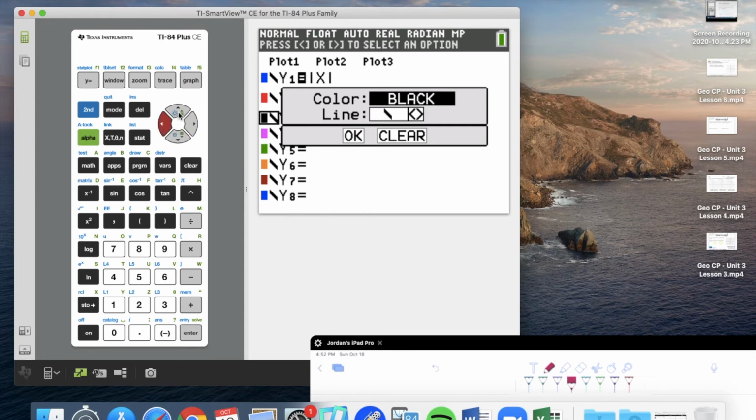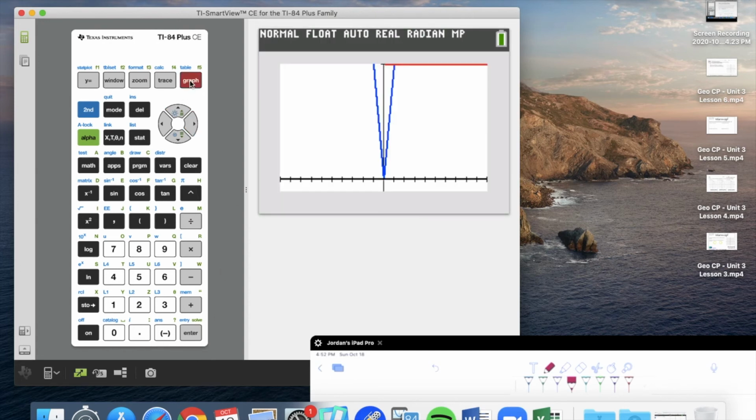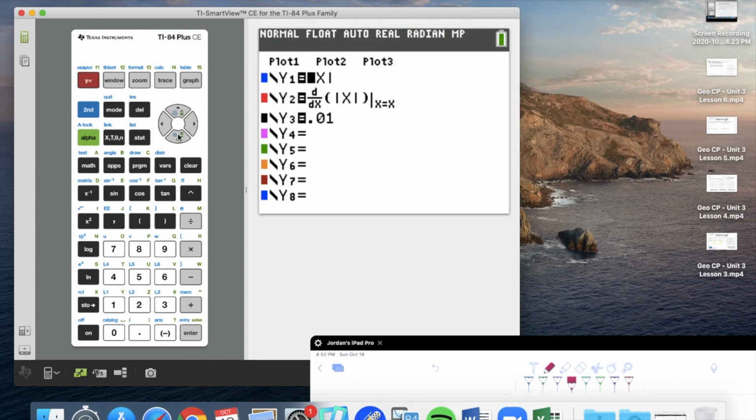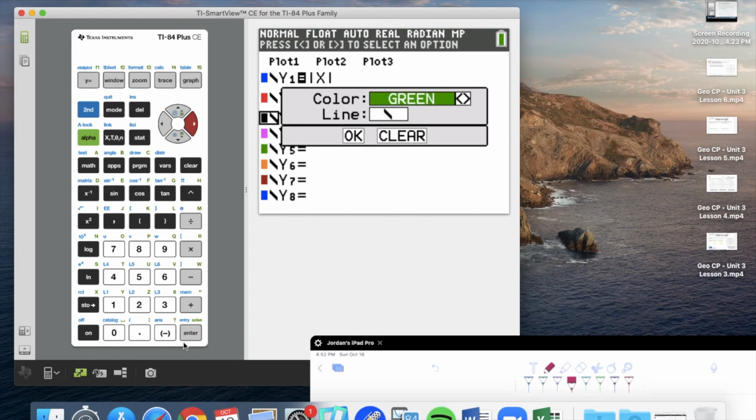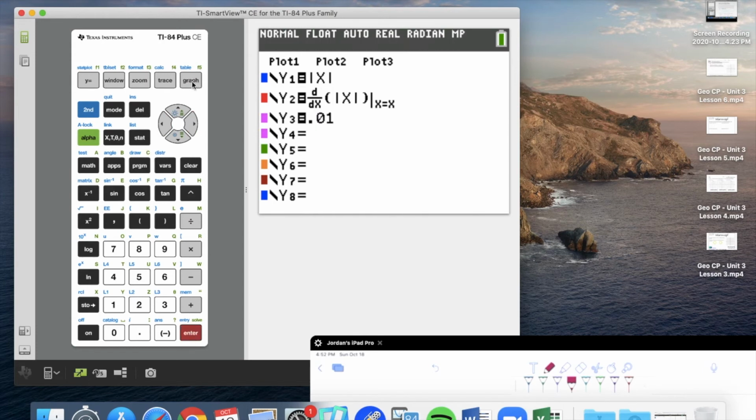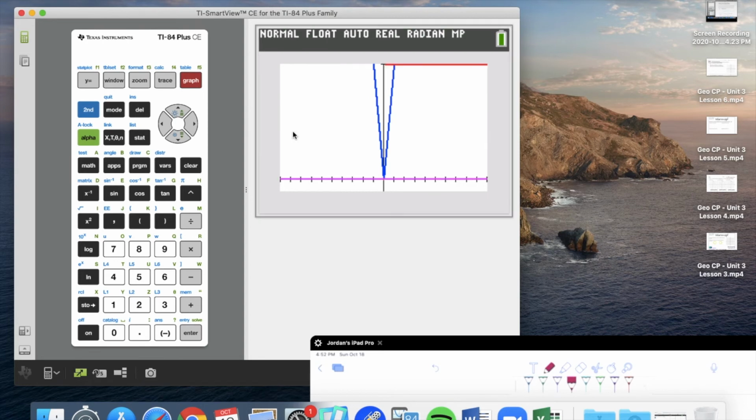Whoops. I messed that up again. Third time's the charm. That's the line it's graphing, and it fails. It fails. So we got to be careful for that.